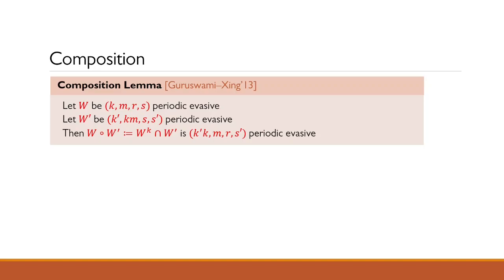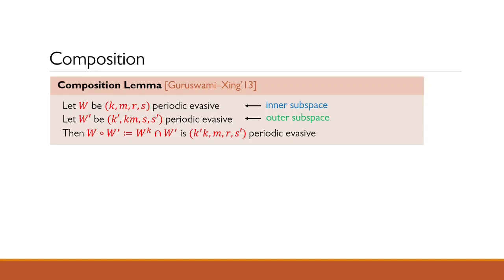Then the composition lemma states that this composed subspace is a (k prime k, m, r, s prime) periodic evasive subspace. And this technique of composition can be seen as an analog of concatenating an inner code with an outer code in coding theory. And motivated by that, we call W the inner subspace and W prime the outer subspace.